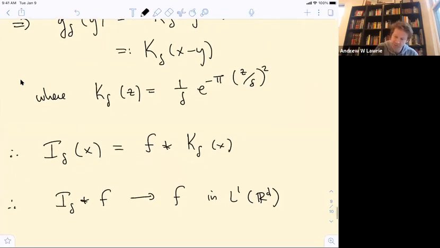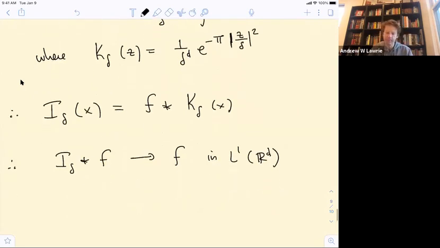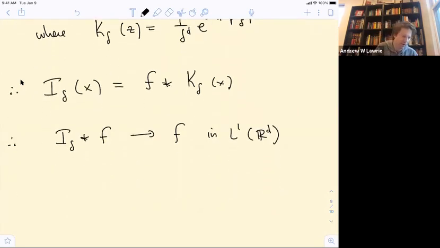I'm doing it in dimension d. So I delta tends to f in L1 as delta tends to 0.